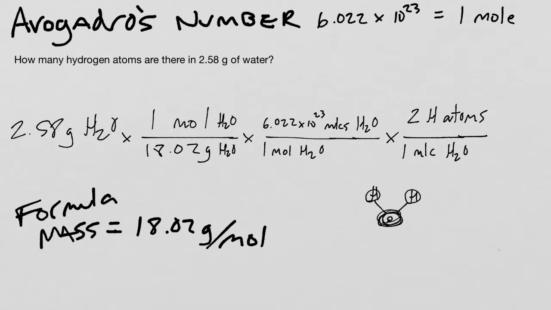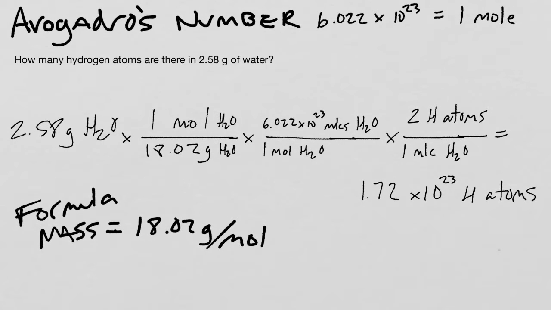So a water molecule has these 3 atoms in it. And so one molecule of water has 2 hydrogen atoms. All right. So what's the answer? So this has 1.72 times 10 to the 23 hydrogen atoms. So that's how many hydrogen atoms there are in 2.58 grams of water.